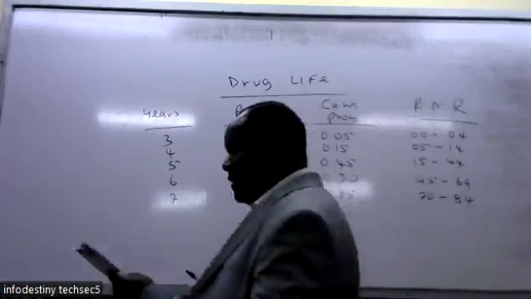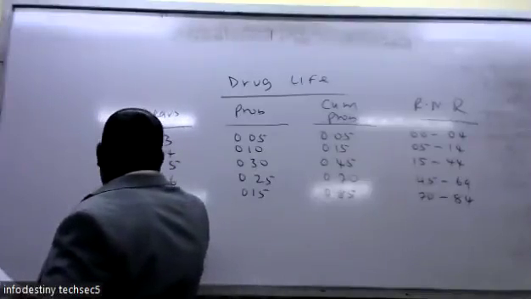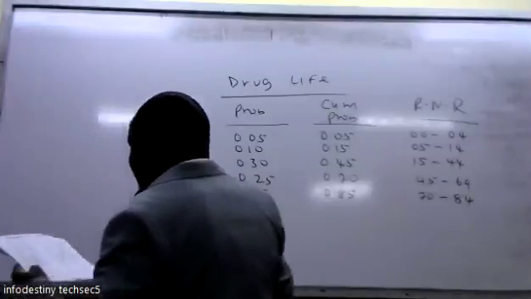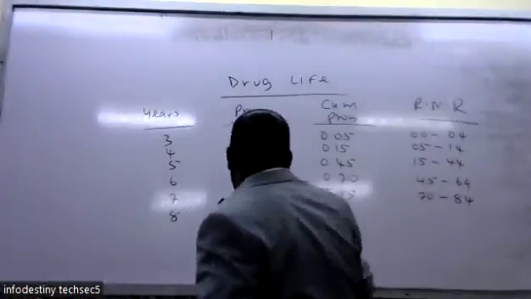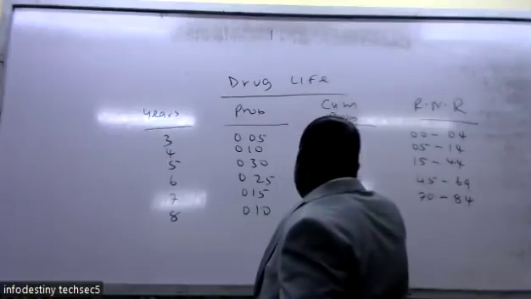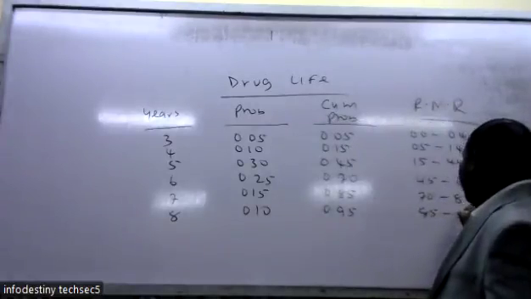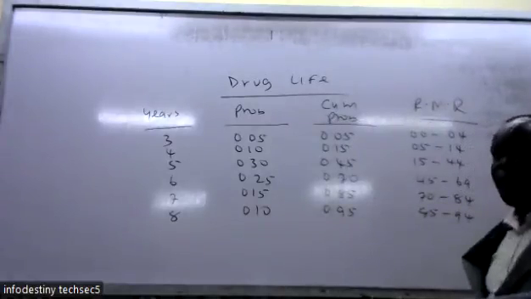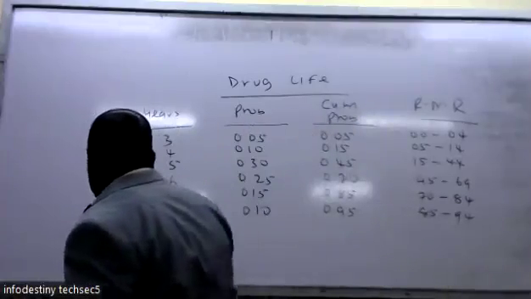Then there is the one for 8 years. So this one is 0.1. So that we get 0.95. Start from 85 to 94. Then there is also 9 years.